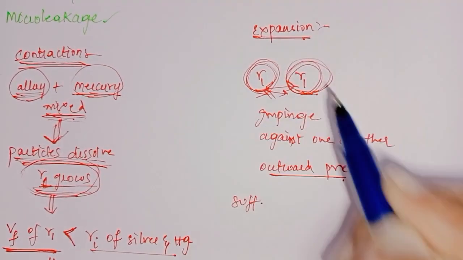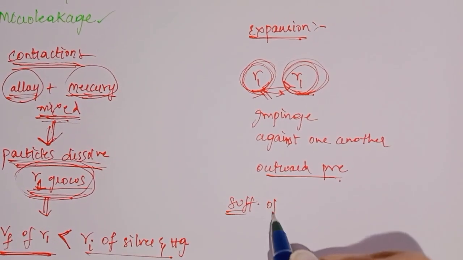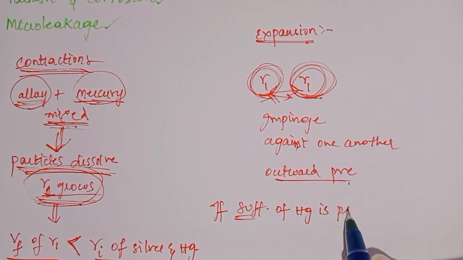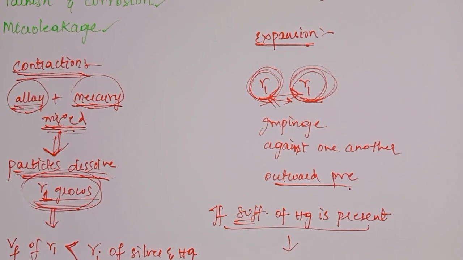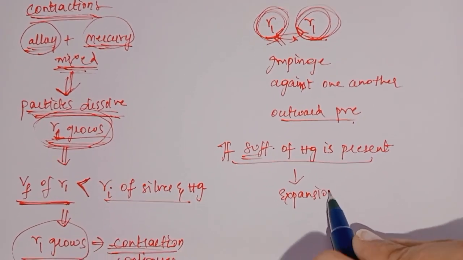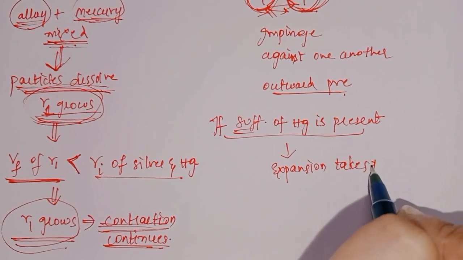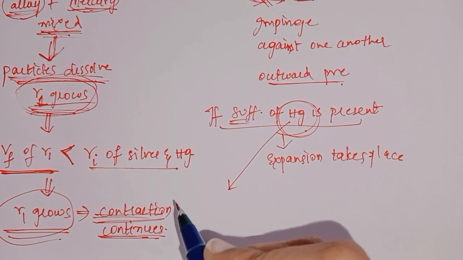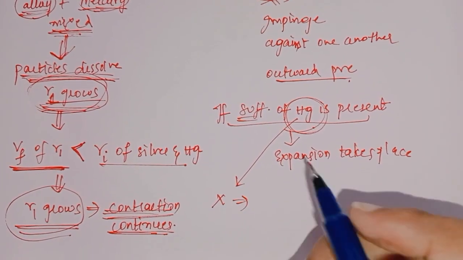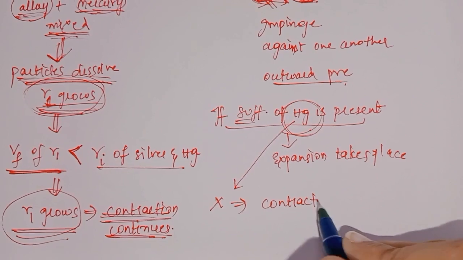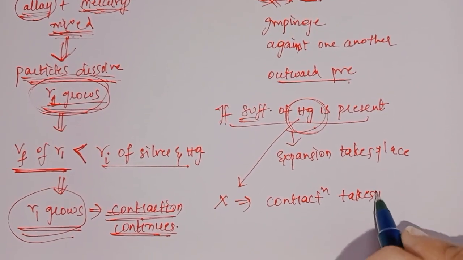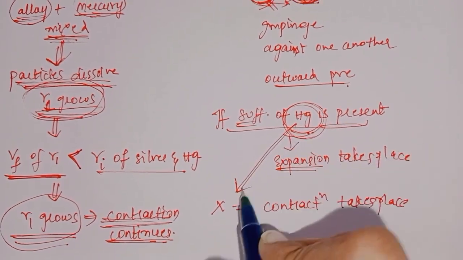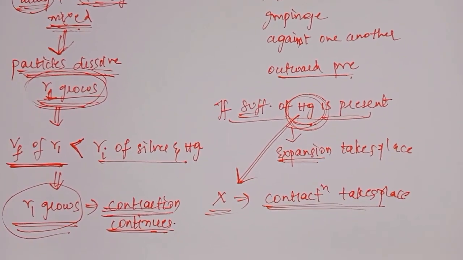If mercury is not present in an adequate amount, then contraction will occur.